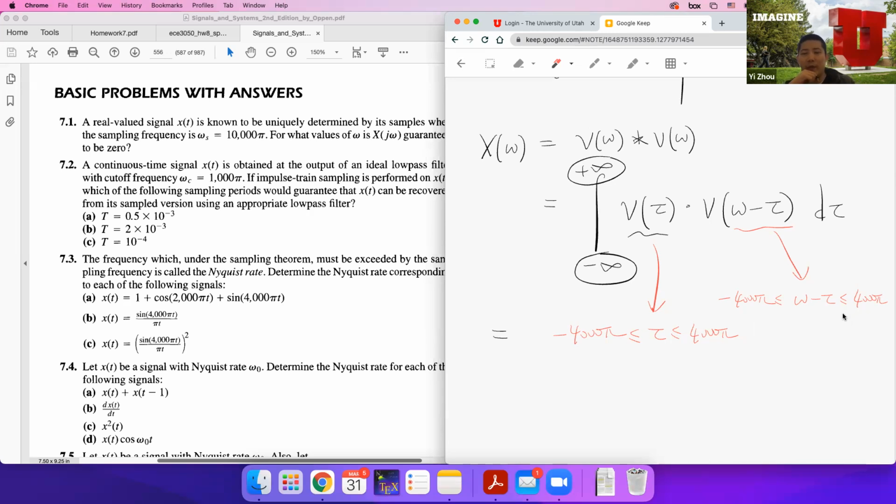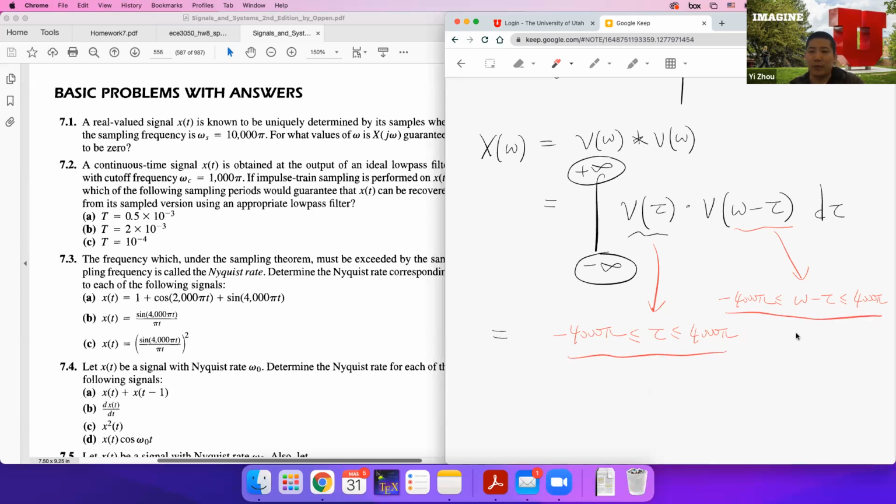Then we will have a constraint on tau. This is one constraint.